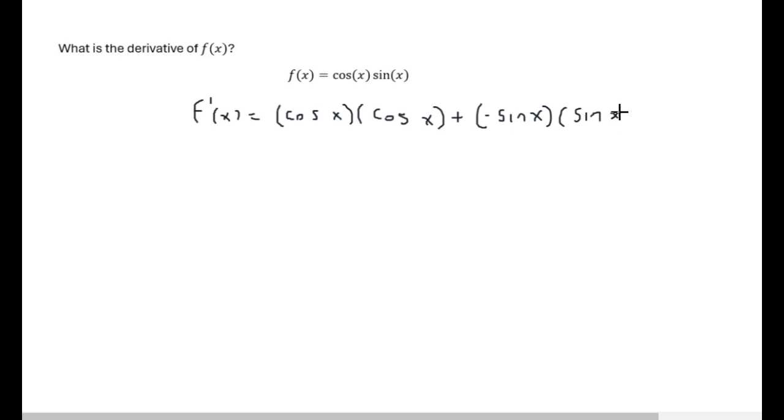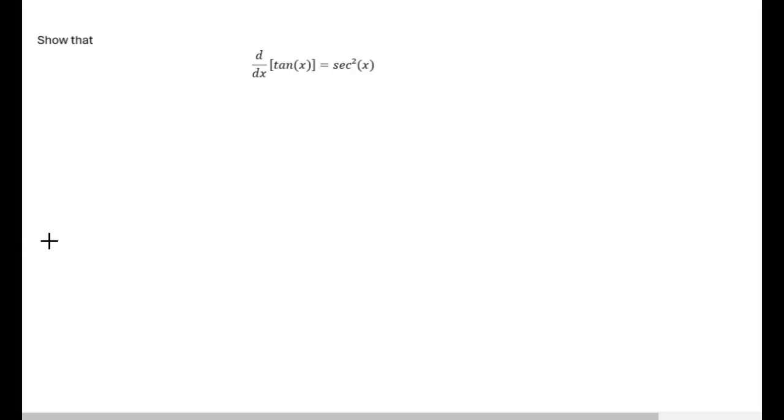Since we have the same factors, we can group them together. So the first term becomes cosine square of x, and the second term becomes negative sine square of x. And this is all we need to do. Very simple, just applying the product rule.